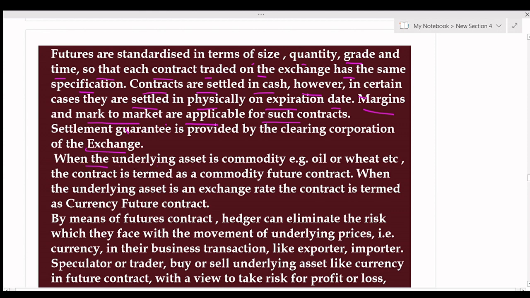When the underlying asset is a commodity, namely oil or wheat, etc., the contract is termed a commodity future contract. When the underlying asset is an exchange rate, the contract is termed a currency future contract.